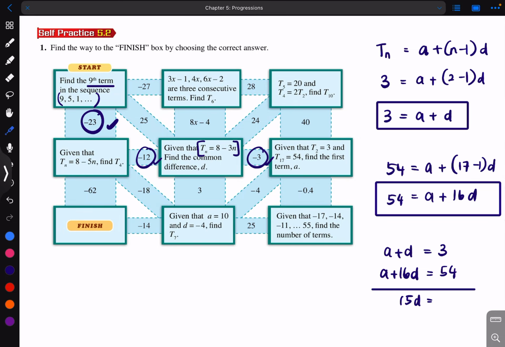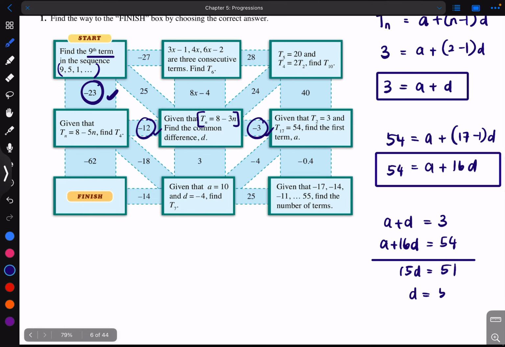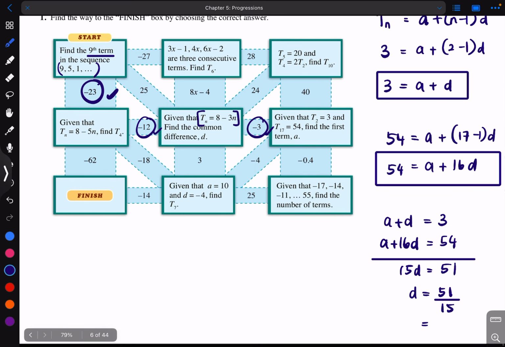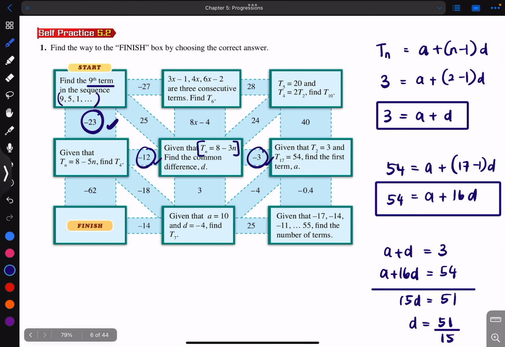And then 54 minus 3 is 51. So here we can say D will be 51 divided by 15. We get 3.4. But this is not the answer, because they want us to find A, not D.